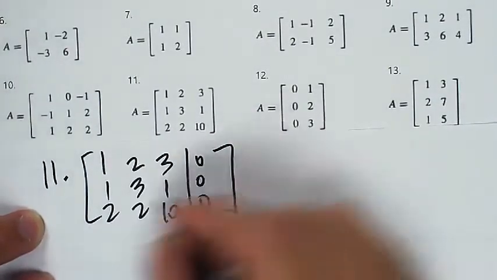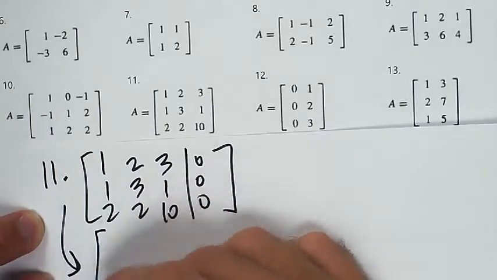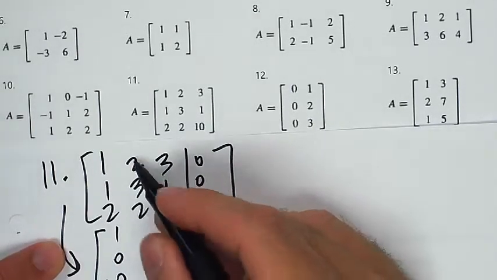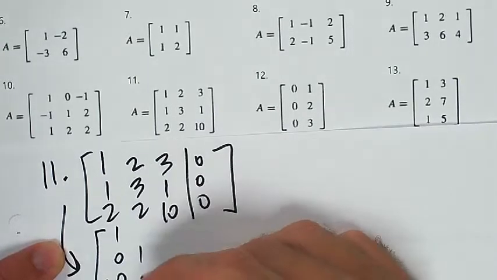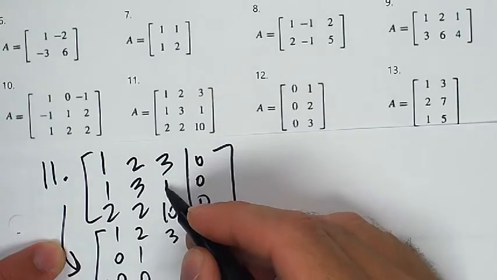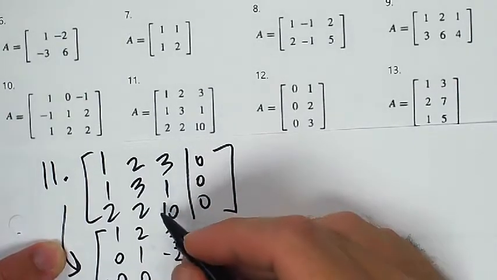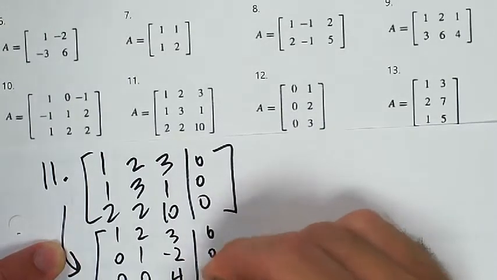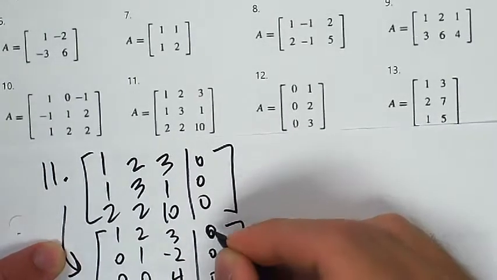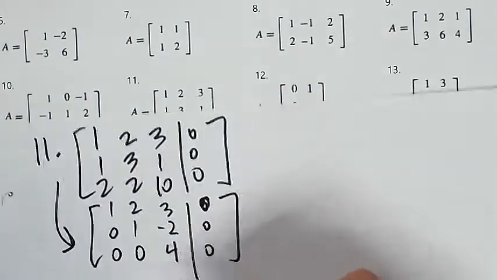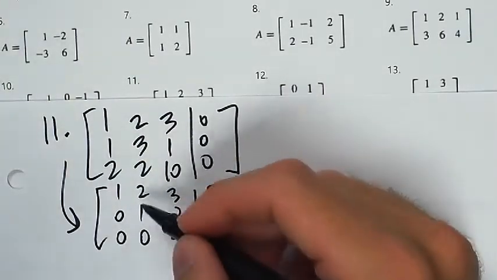All right, I'm going to compute the null space of this matrix by starting off and clearing out that column. 3 minus 2 is 1. 2 minus 2 is 0. That's really convenient. 1 minus 3 is negative 2. And 10 minus 6 is 4. Okay, but we know that all triangular matrices are singular or non-singular, so I'm going to be able to divide this by 4 and use that to clear out the rest of the column.